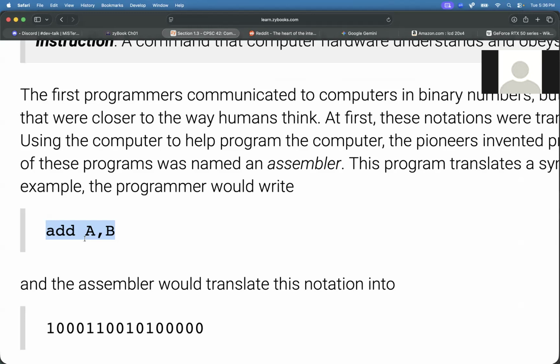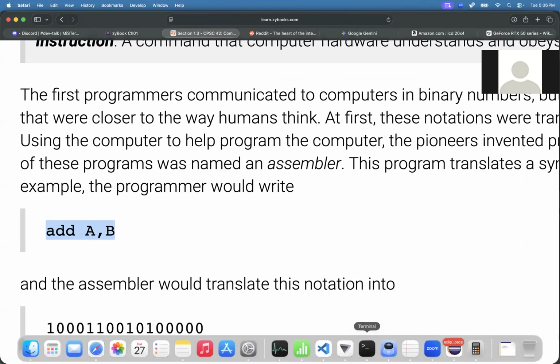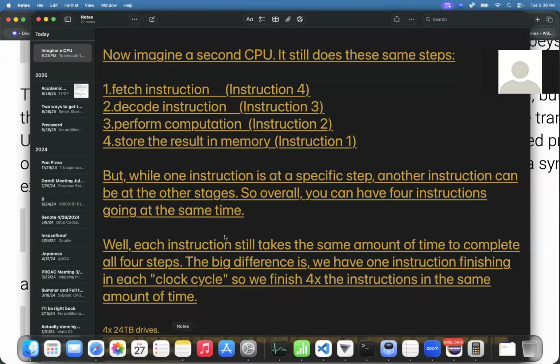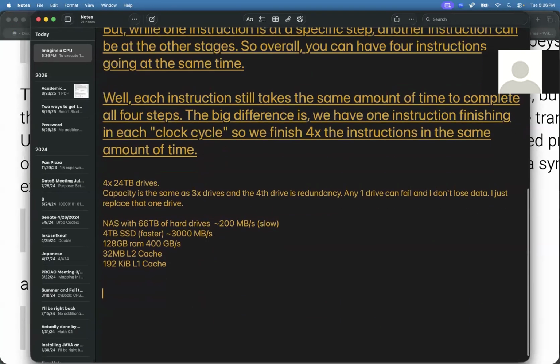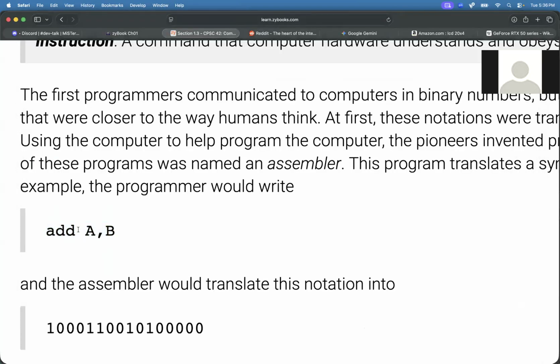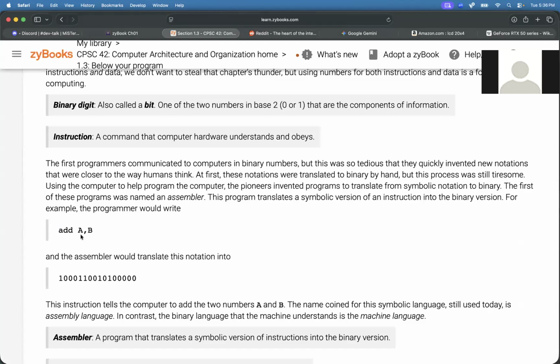It'll be something like add V0, A0, 1. This would say, add 1 to whatever is in the register A0 and store the result in V0. So the instructions look like this, but they're kind of just representing a simpler version here of that.